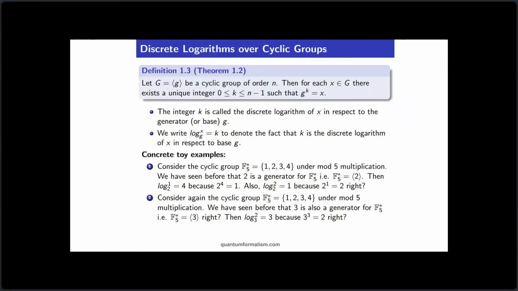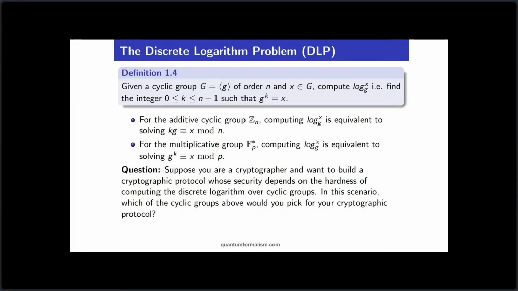Okay, so let's see if I phrase it properly without confusing. The discrete logarithm problem, I phrase it like this. Given a cyclic group G generated, obviously, by little g of order n, and an element x, compute the logarithm of x in base g.